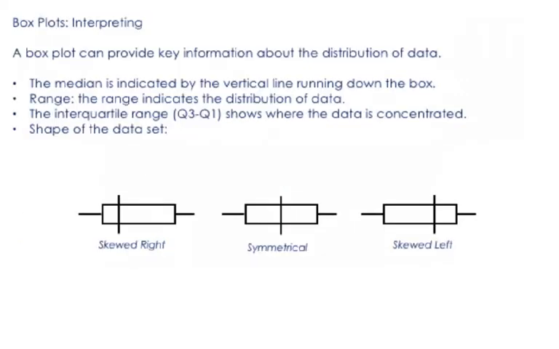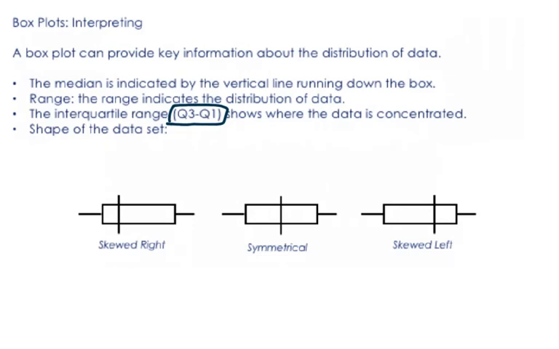Okay. Alright, so when we're interpreting data, a box plot can provide key information about the distribution of data. The median is indicated by the vertical line running down the middle of the box, wherever it's at. The range is the distribution of data. And the interquartile range is when you do Q3 minus Q1.